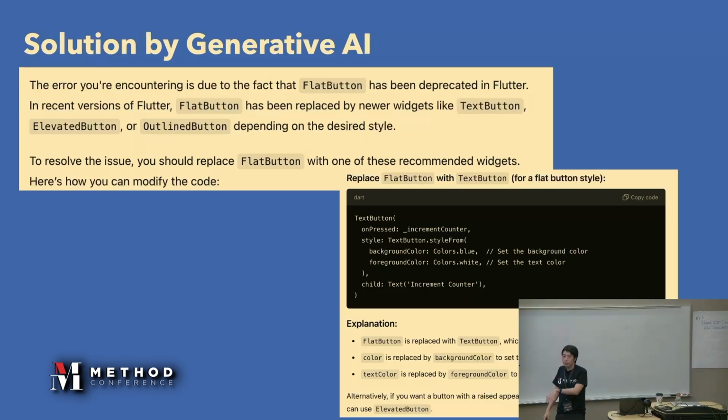So we have to replace FlatButton with a new API such as TextButton, ElevatedButton, or OutlinedButton. And so it's a solution to solve this build error problem. After following this answer, we can solve this build error problem.